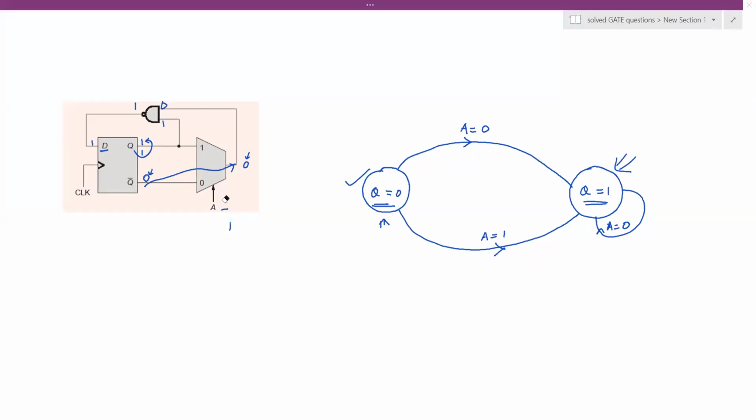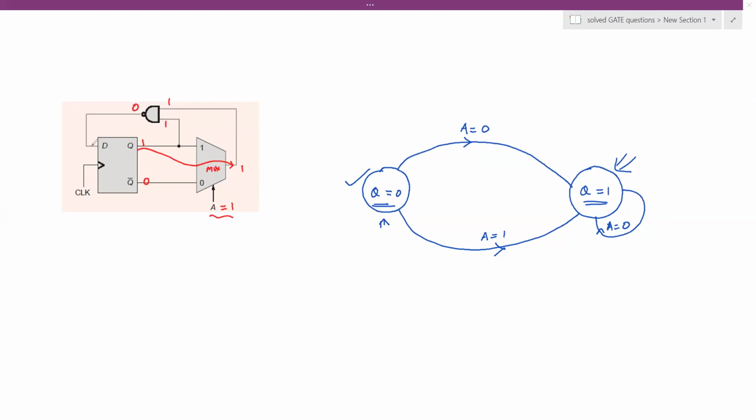Okay, now it's time to analyze the state diagram or state transition for the final output, that is A equal to 1. Q is assumed to be in the initial state of 1. That means Q bar is equal to 0. Since A equal to 1, Q gets connected to the output through the mux. And logic 1 comes here. Here is logic 1. Here is logic 1.